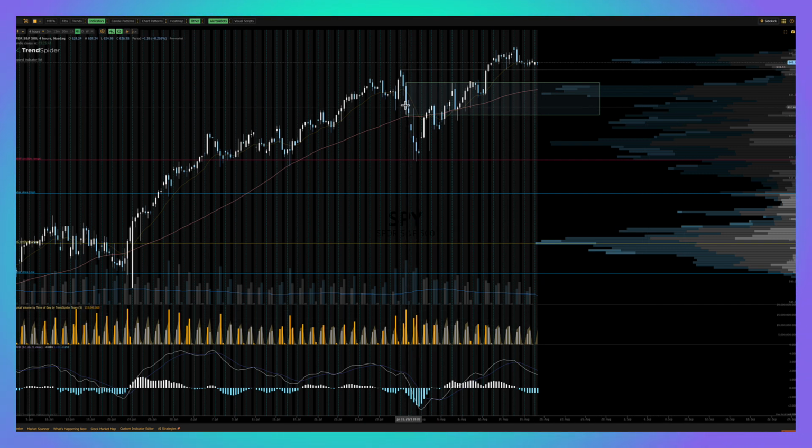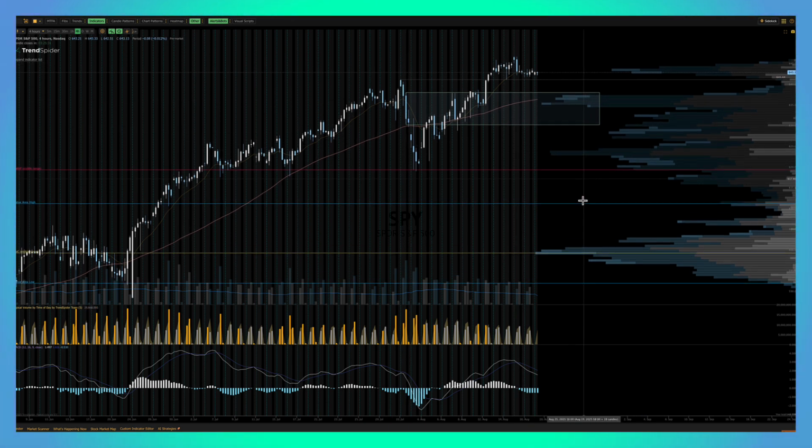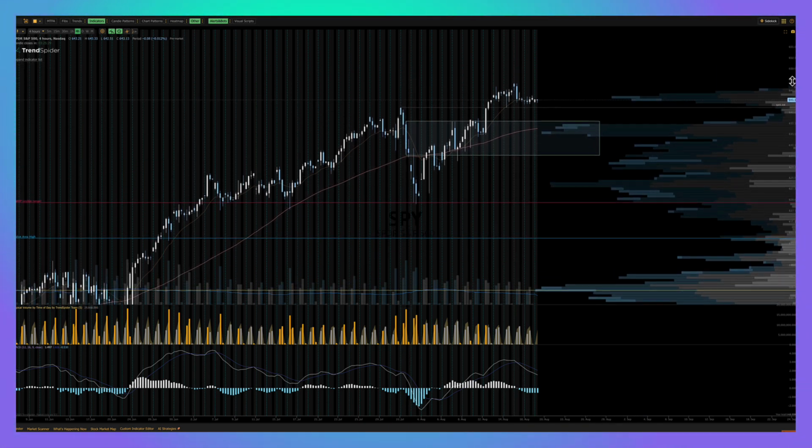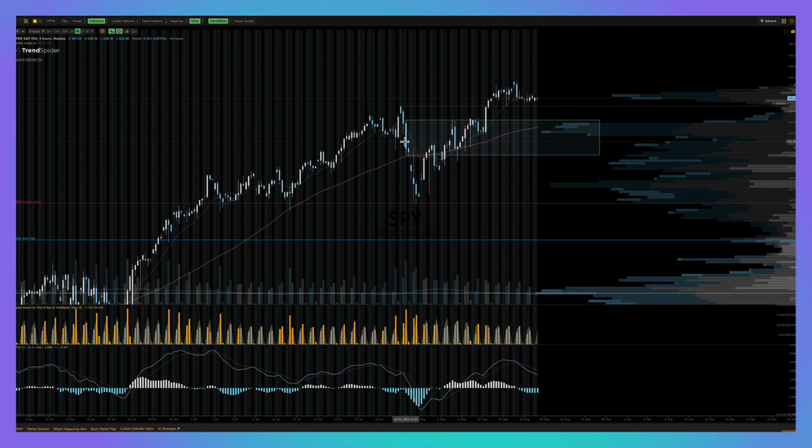So, biggest candlestick volume as we look at SPY. This occurred July 31st. We know that was some kind of news event. I don't really care what that news event was. But what we do see is, since then, the price action has been tepid from a volume perspective, right?